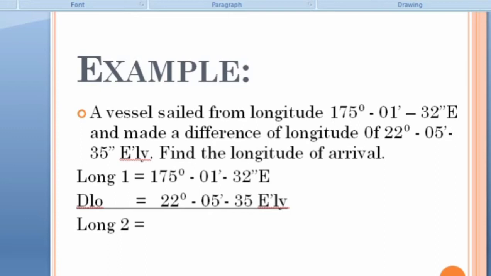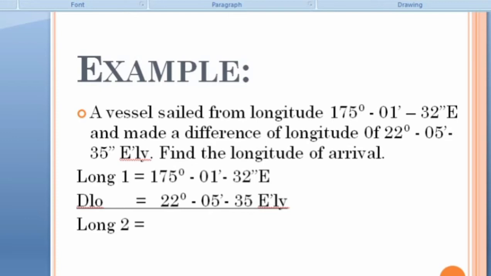A vessel sailed from longitude 175 degrees 01 minute 32 seconds east and made a difference of longitude of 22 degrees 05 minutes 35 seconds easterly. Find the longitude of arrival or longitude in.